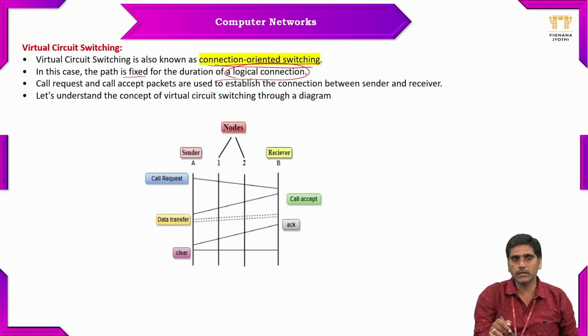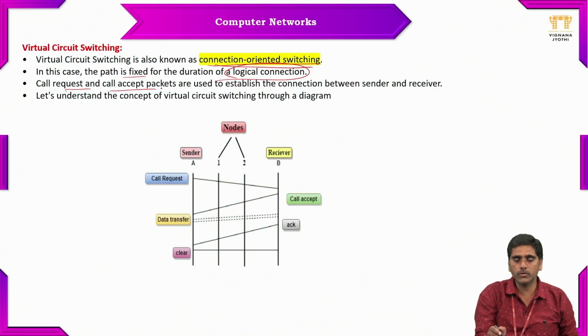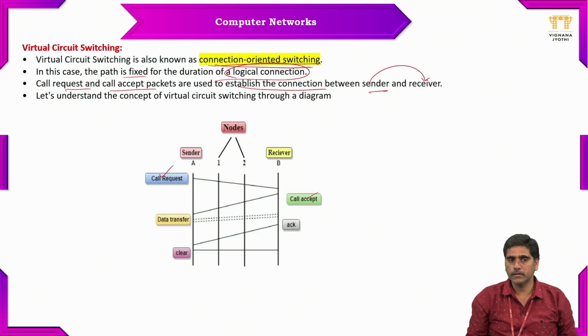The entire connection is established using a dedicated path. Call request and call accept packets are used to establish the connection between sender and receiver.